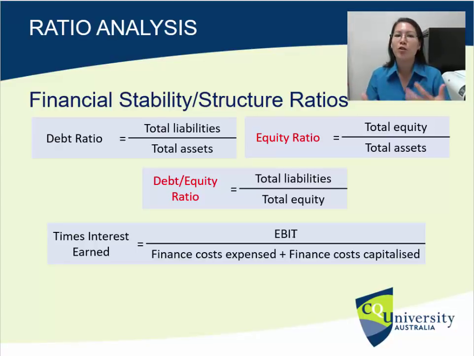So earnings before interest and tax is divided by all of our finance costs: finance cost expense and finance cost capitalised, because sometimes companies capitalise finance costs on the balance sheet for accounting reasons. So finance costs on the income statement and finance costs on the balance sheet, add them together, and that's all of our finance costs. How many times does our profit cover this figure? Again, you want that to be higher, because that means you've got a higher profit to cover your interest.